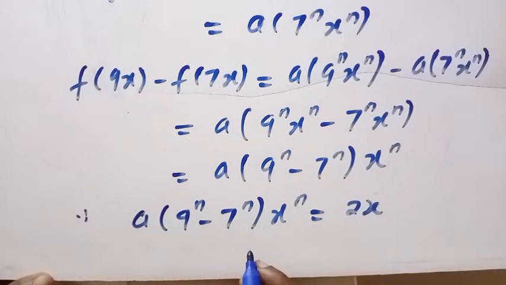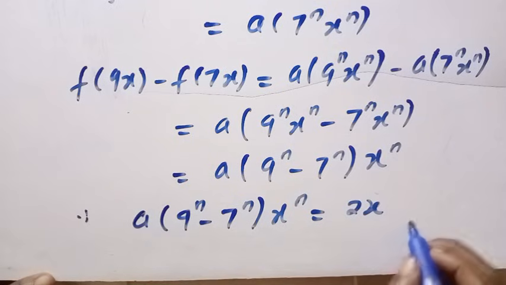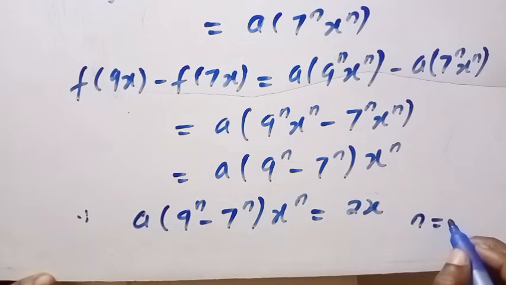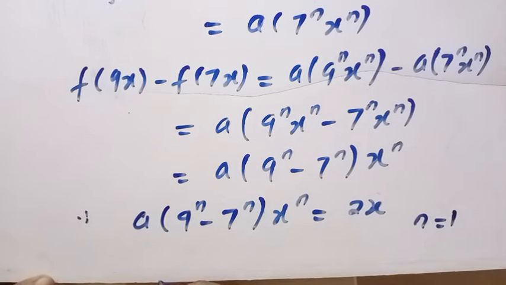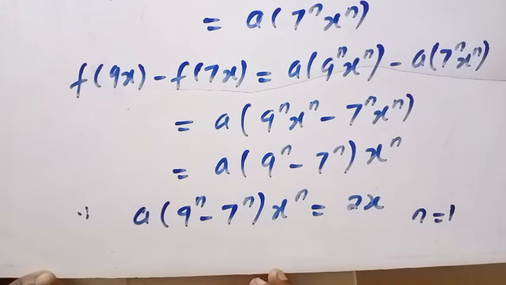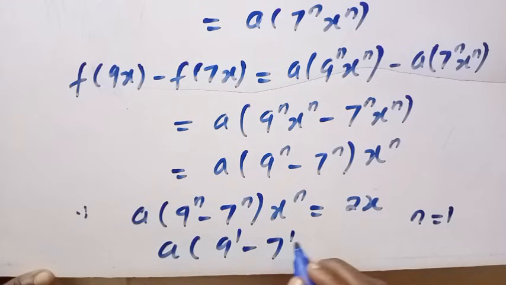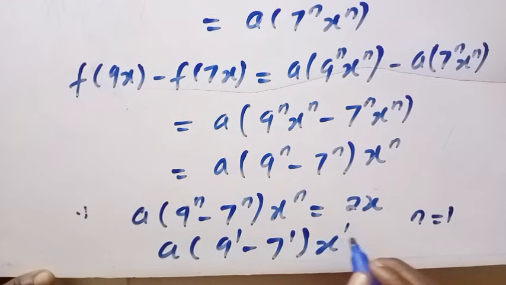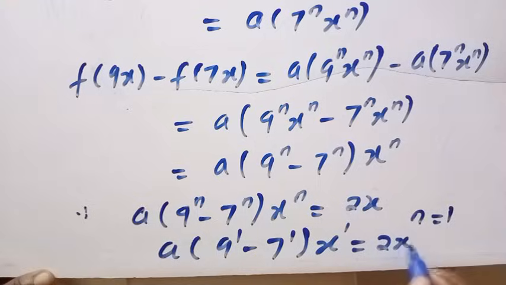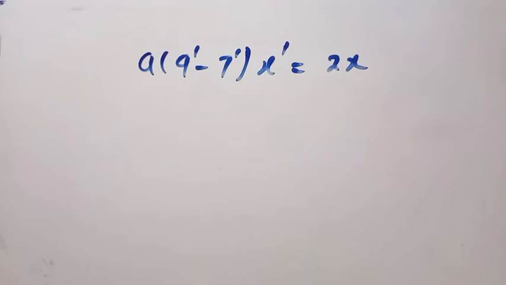If I assume that n equals 1, then this becomes a times bracket 9 power 1 minus 7 power 1, multiplied by x raised to power 1, equals 2x. Next, 9 power 1 is 9, and 7 power 1 is 7.